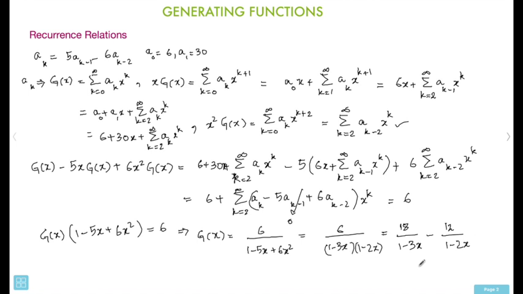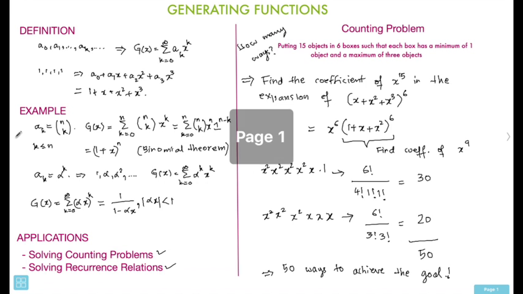Okay, now what does this represent? I can write this as 18 times 1 over 1 minus 3x. So what did we say? If we have 1 over 1 minus alpha x, this represents alpha to the k, right?